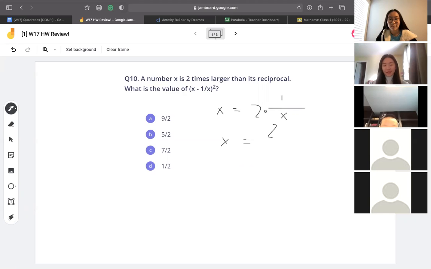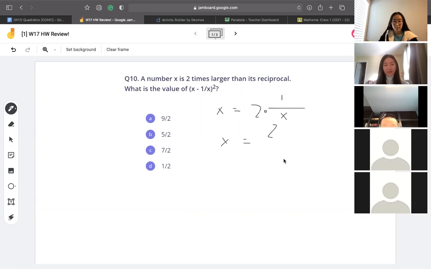How'd you find x? I was referring to the top thing, the x minus 1 over x squared. So 4 would work for that, since x is 2 times the reciprocal too. Oh, so you just did trial and error. Yeah. Okay, that's always a strategy.